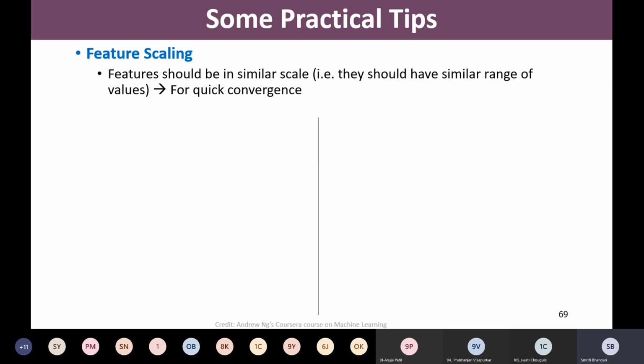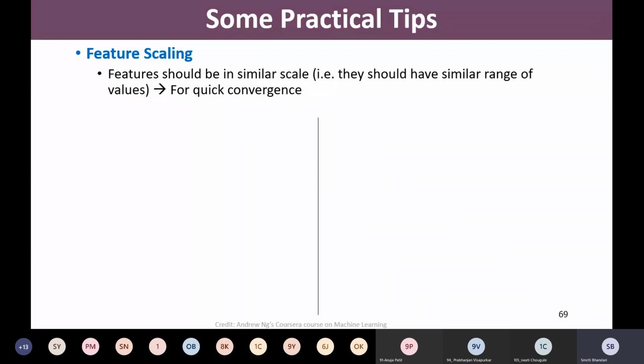As we have mentioned, we have multiple features in our feature vector, and it may happen sometimes that the features are in different scales or different ranges of values.